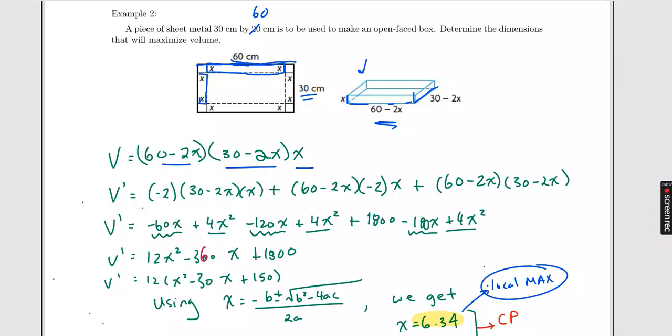The height will obviously be x, because that's how long these boxes are. But how about the length? We know this whole sheet is 60. I know this side here is x. We also know this side here is also x. So how long is this from here to here? It's 60 minus 2x. Same reasoning for this width here: 30 minus 2x. Length times width times height.